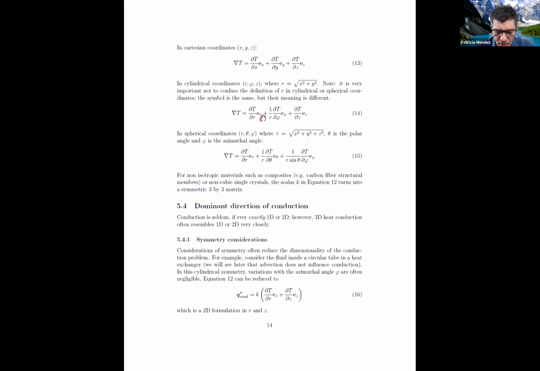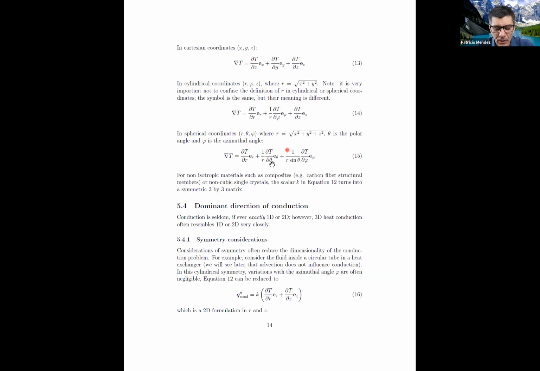These e_r, e_phi, e_z are the unit vectors in the radial direction, in the tangential direction across the polar coordinate, and in the longitudinal direction of the axis of the cylindrical coordinate. And look, there is a 1/r here, and r is the radius measured in the XY plane.